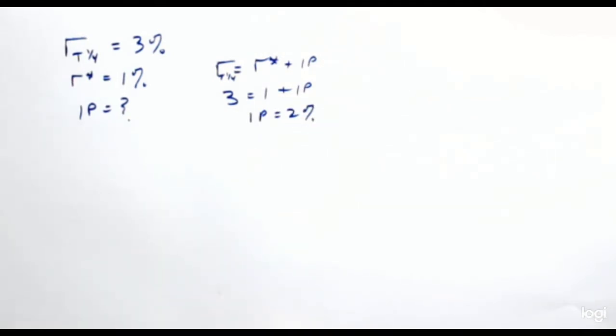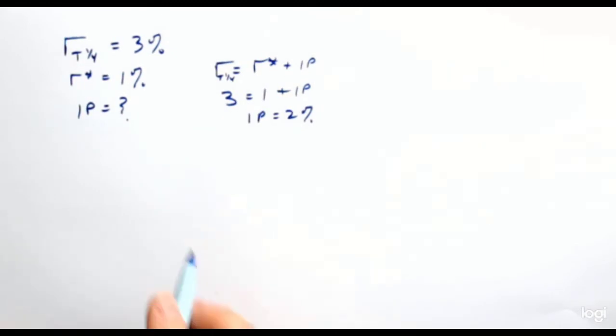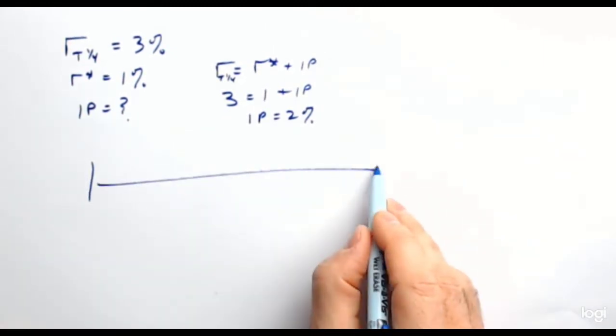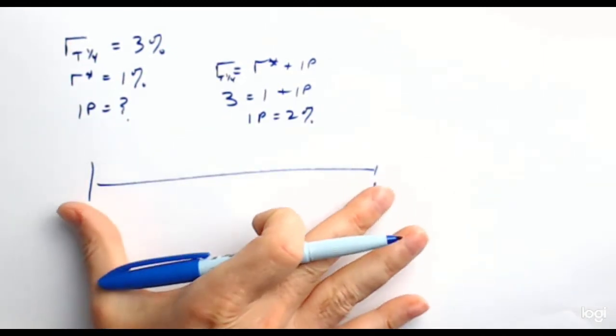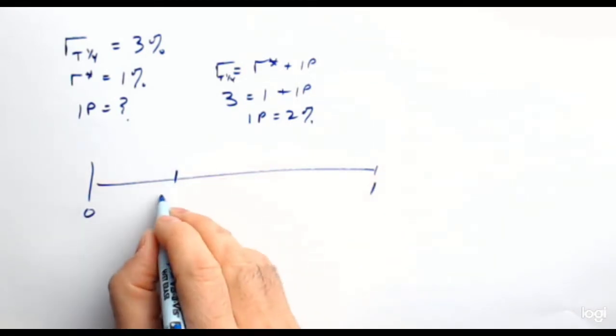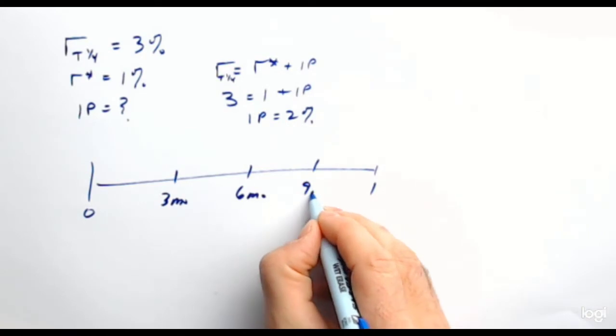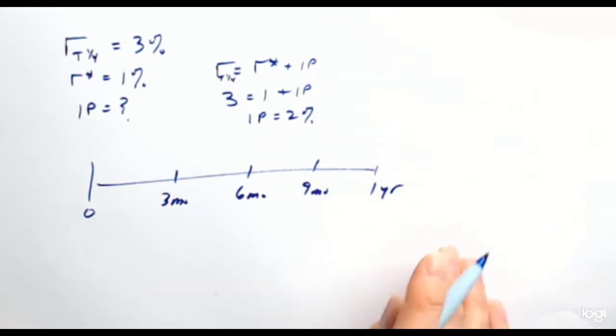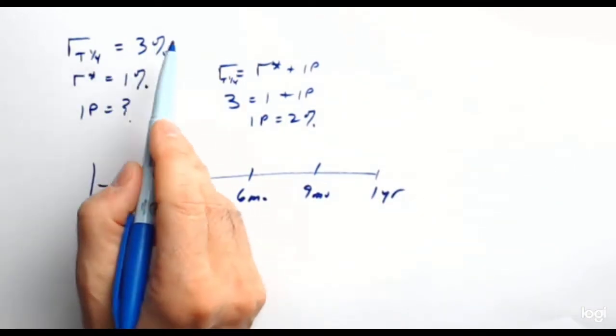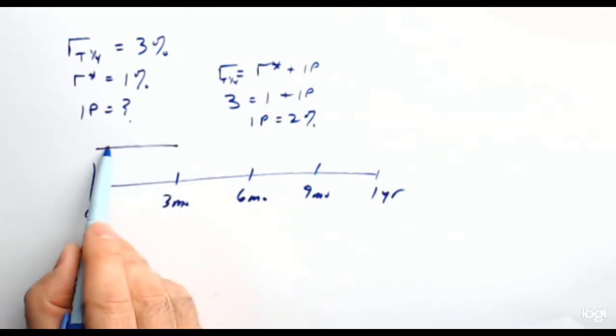Okay, not so bad. Now, the important point to remember is, look, you have a bond, and here is 1 year. And this has a 3-month maturity, then there's 6 months, and then there's 9 months, and we end up with 1 year. So this bond covers this time frame.